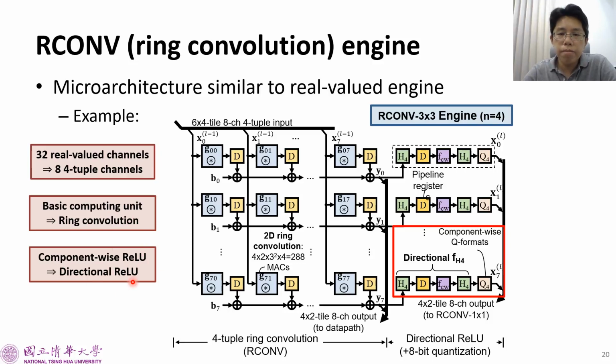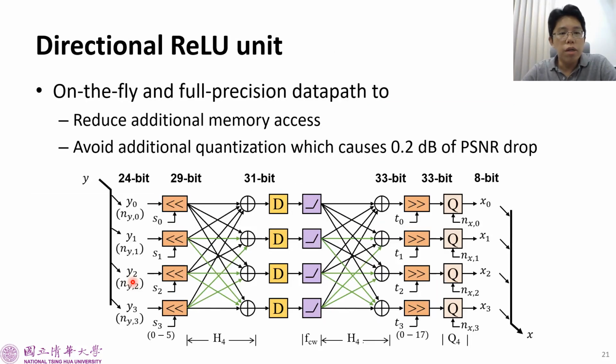For this directional ReLU unit, we propose to implement it using an on-the-fly and full-resolution data path. It is to reduce additional memory access and to avoid additional quantization, which causes 0.2 dB of PSNR drop.